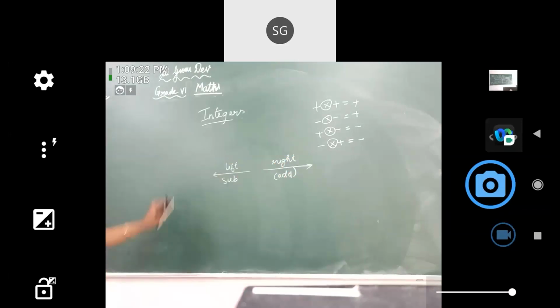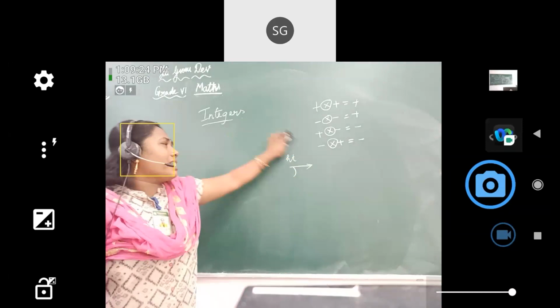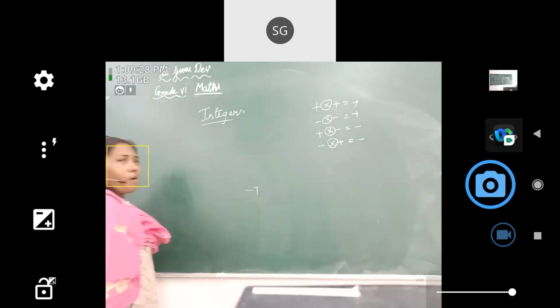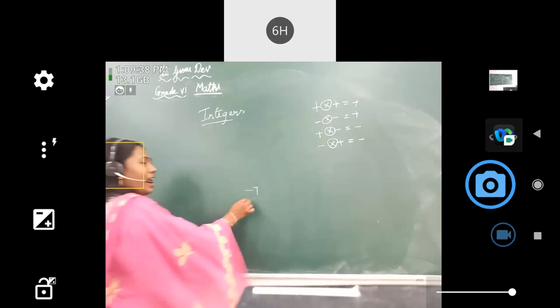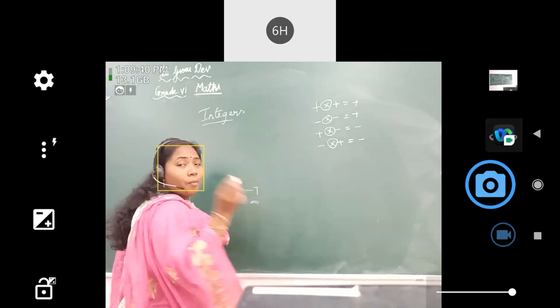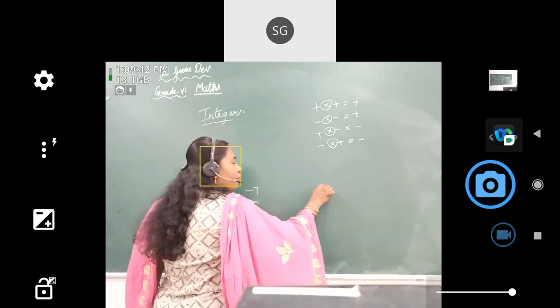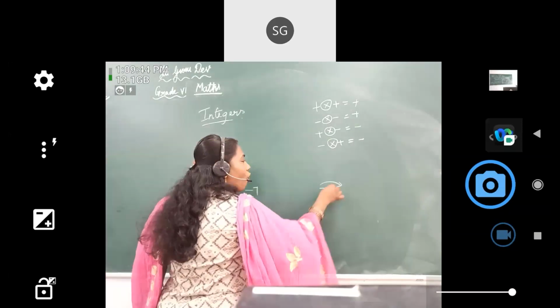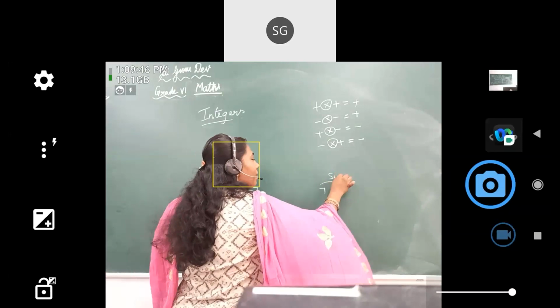Then we saw the predecessor and successor. So what is the predecessor of minus 7? Predecessor is the before number. Minus 8, ma'am. See, just relate to the positive numbers. If you take 7, when you move forward, it is the successor or after number.